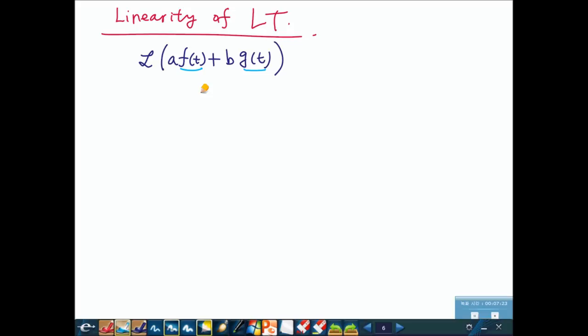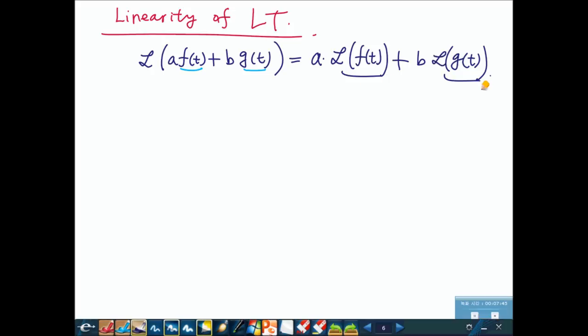And then this is a times Laplace of f plus b times Laplace of g. Taking the transform all together is like taking the transform of each and then adding them later. So that's the linearity. That's exactly what linearity is.